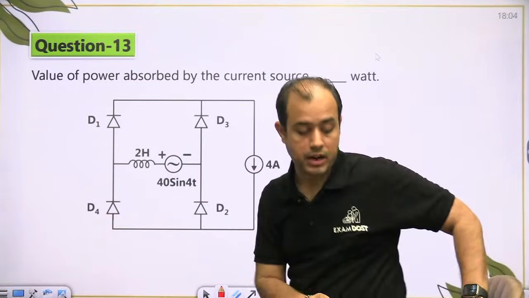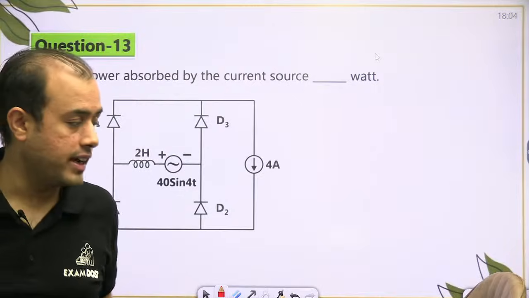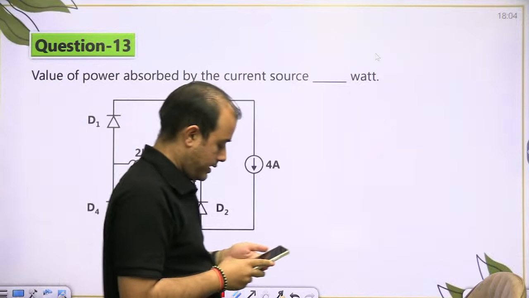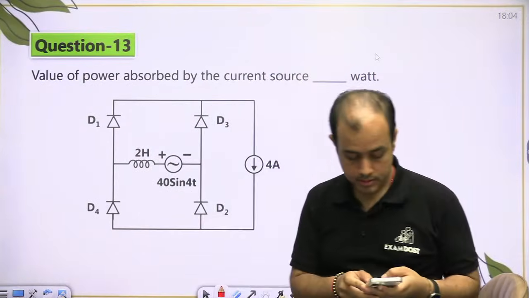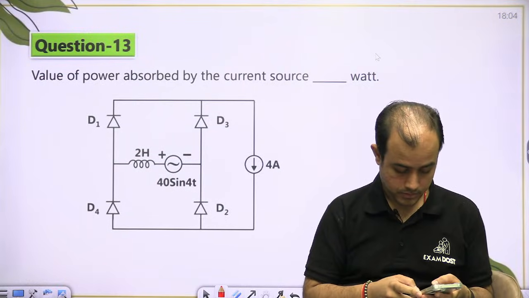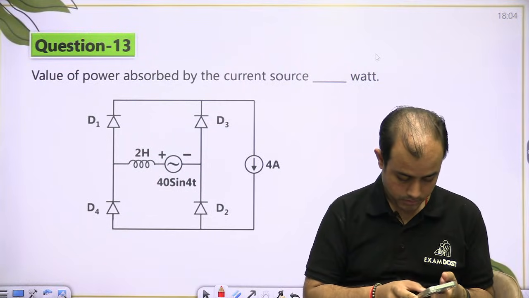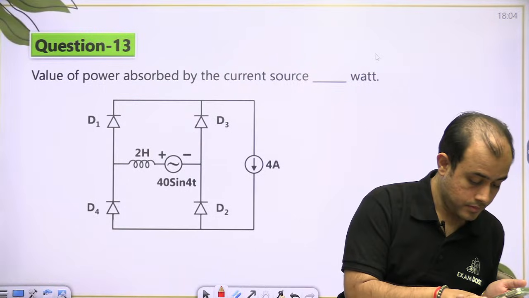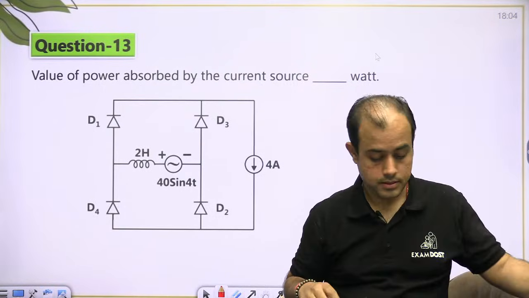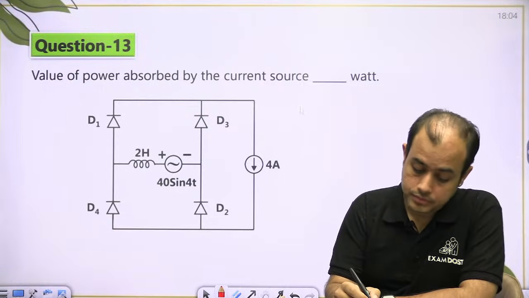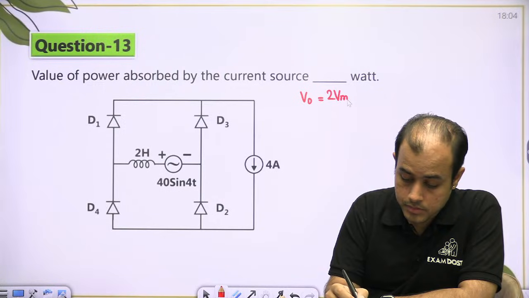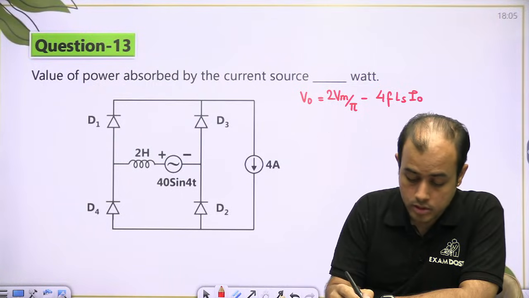ये देखना जरा, वैल्यू ऑफ पावर एब्सॉर्ब बाय करंट सोर्स. यू नीड टू फाइंड V नॉट I नॉट. Okay. So it is a 2-pulse converter, 2 Vm by pi minus 4 FLS I naught.